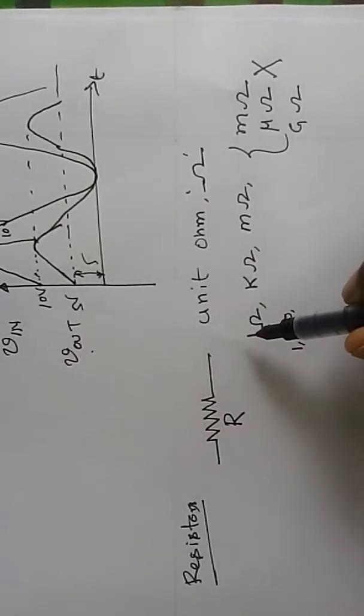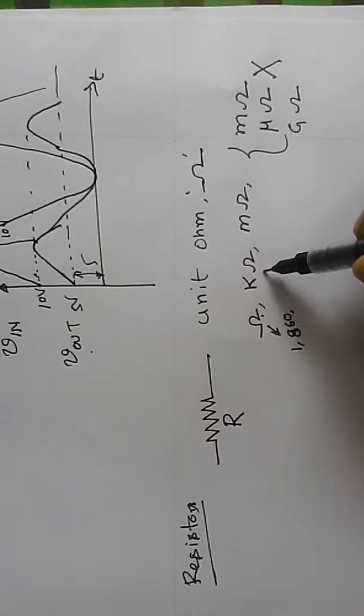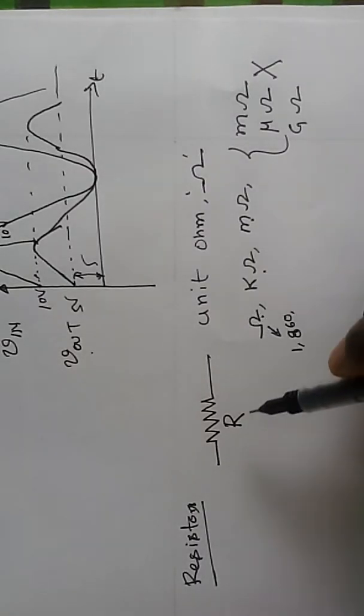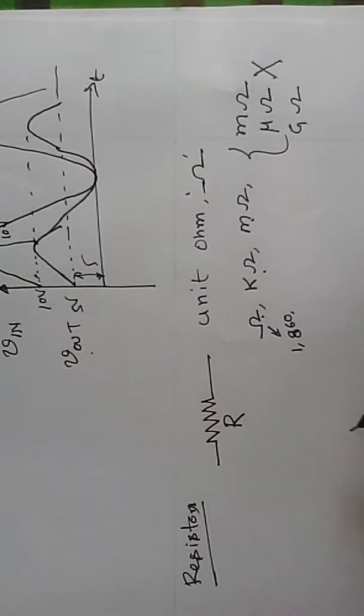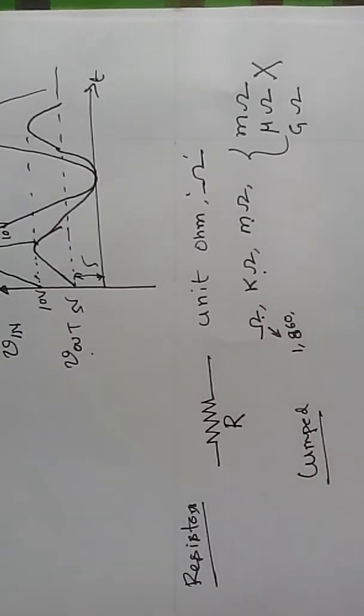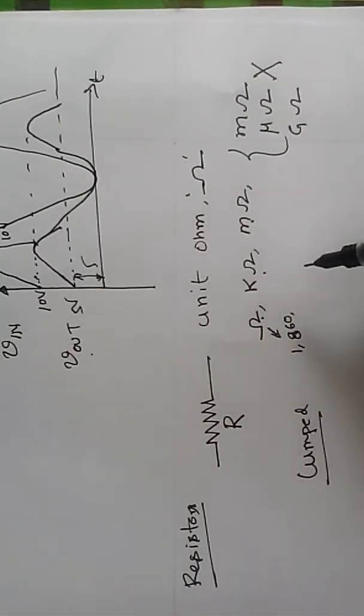As it is said, the value varies from ohm, kilo ohm, mega ohm, hundreds of mega ohm, and so on. Surprisingly, these resistors are made out of different materials, but they are always lumped in nature. Lumped in nature means the resistance value is concentrated in a particular area.